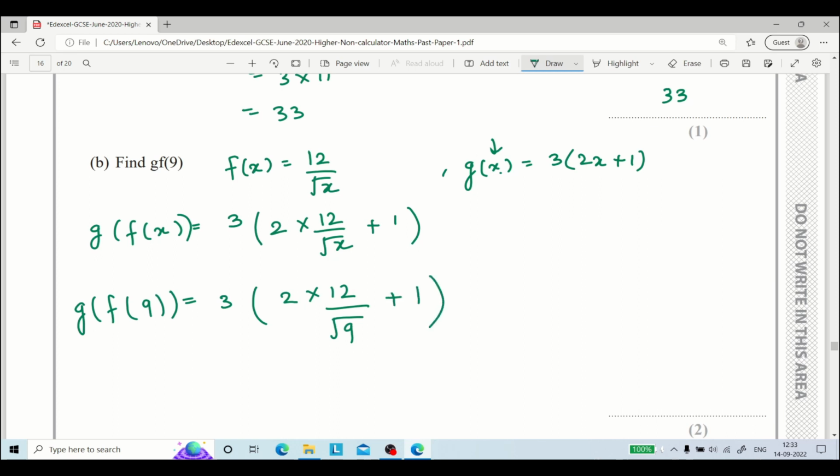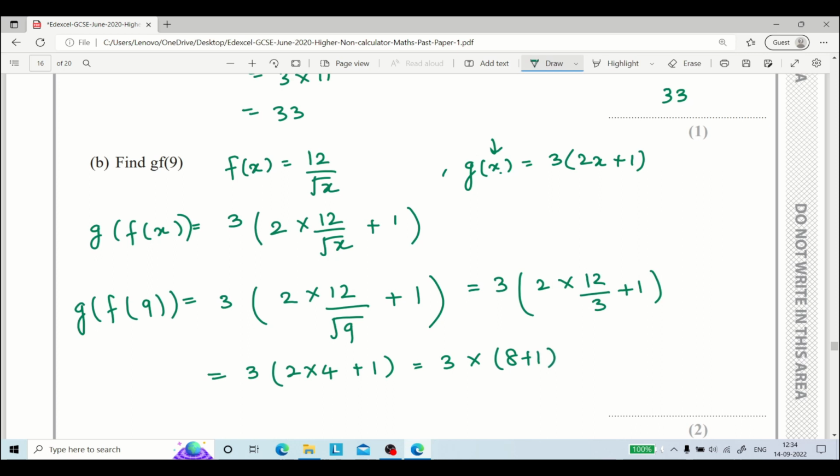That will give you 3 into 2 into 12 over 3, the square root, plus 1. Now just multiply this. You'll get 2 into 4 plus 1, that is 3 into 8 plus 1, 3 into 9, that is 27. This is your answer, 27.